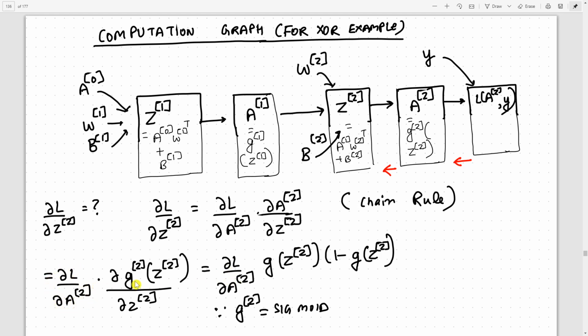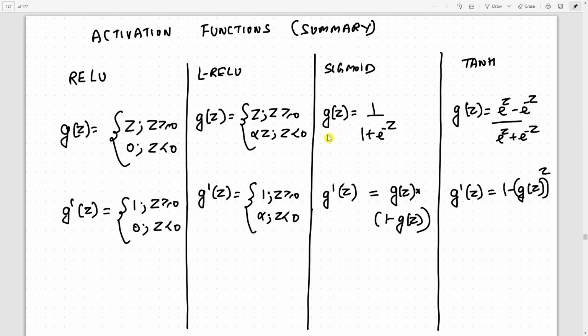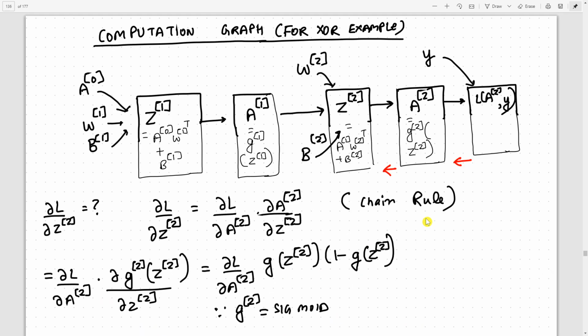And if you remember, the differentiation of the sigmoid was g(z) times 1 minus g(z), where z is the specific input. If I just go back and show you the formula: if z is an input to a sigmoid, g prime of z is g(z) times 1 minus g(z). So we can make use of this same expression and write del L by del Z2 as del L by del A2 times g(Z2) times 1 minus g(Z2). All of this is easy for us because we know the functional form of the activation function, which in this case is the sigmoid.